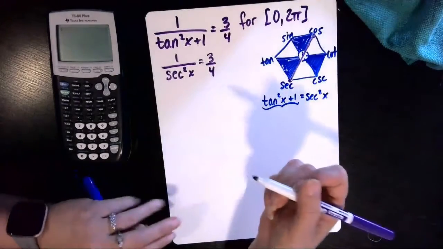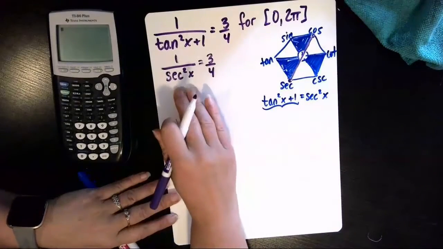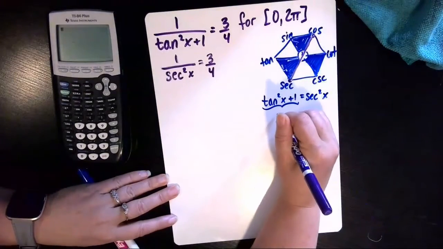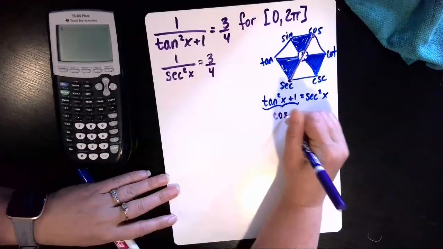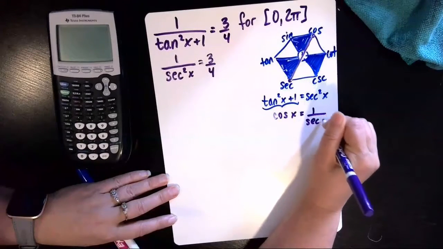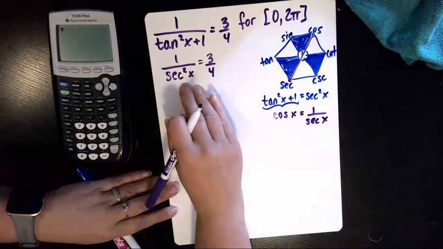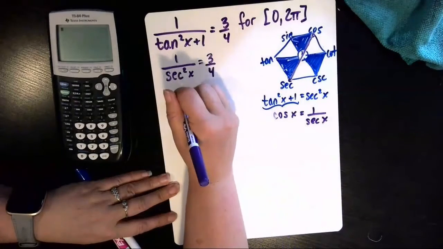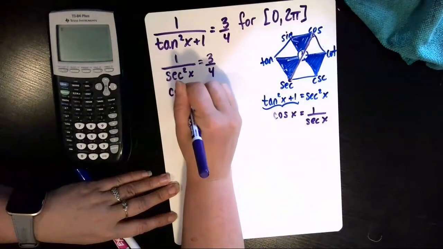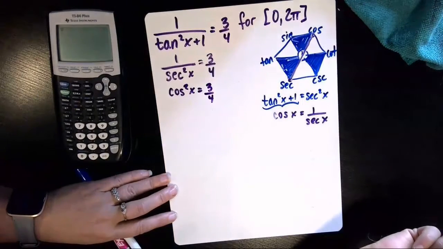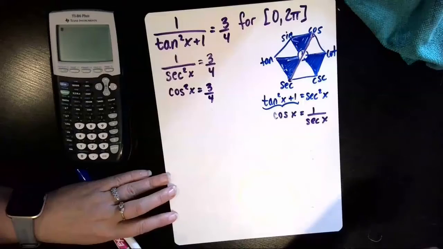So back to the equation here, we're going to use that reciprocal identity that tells us that the cosine of x is equal to 1 over the secant of x. We're going to use that in order to replace 1 over secant squared x with cosine squared x. And so cosine squared x is equal to 3/4.